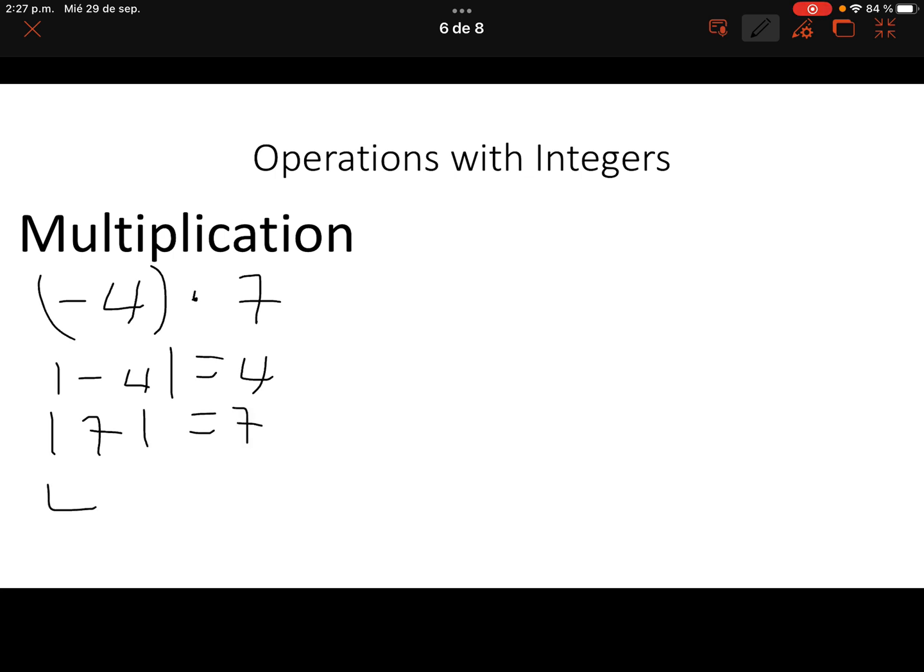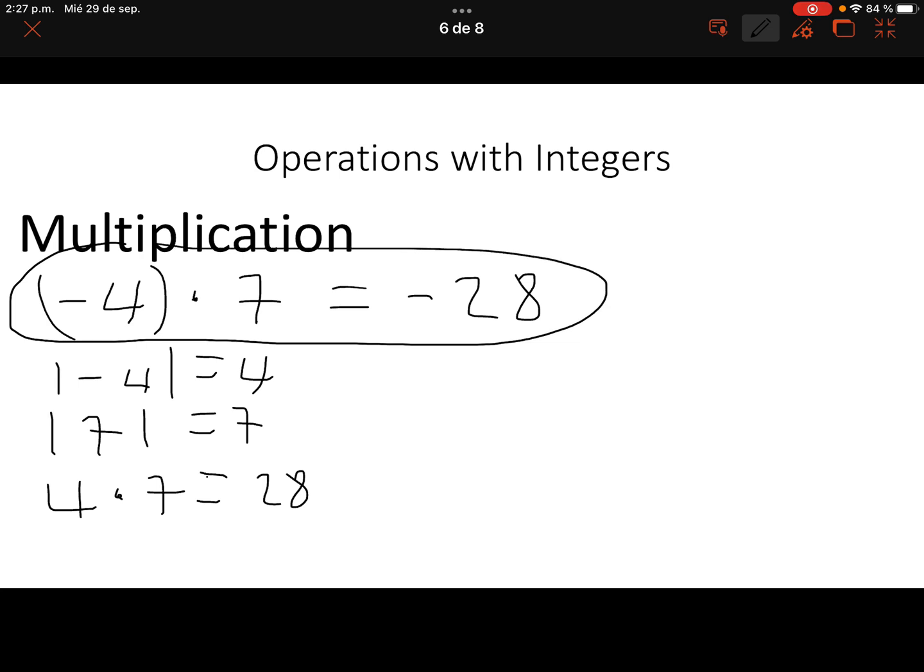Then we multiply them. 4 times 7 is 28. And here, with different signs, the answer is always negative. Then -4 times 7 is equal to -28.